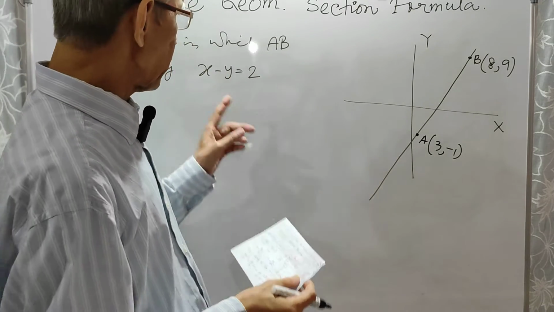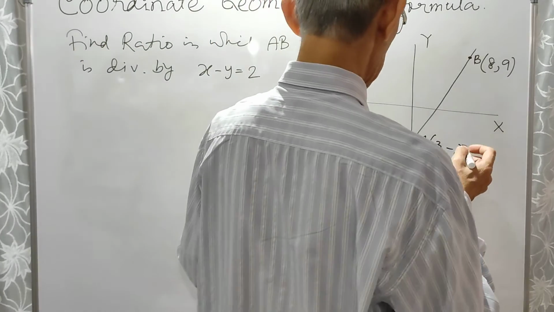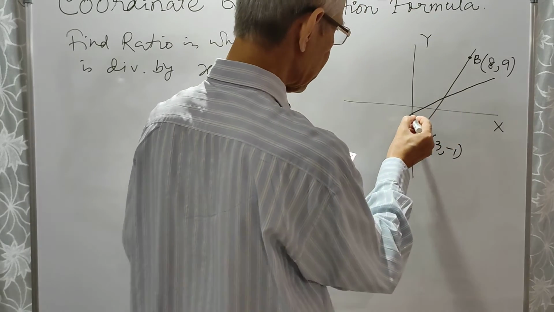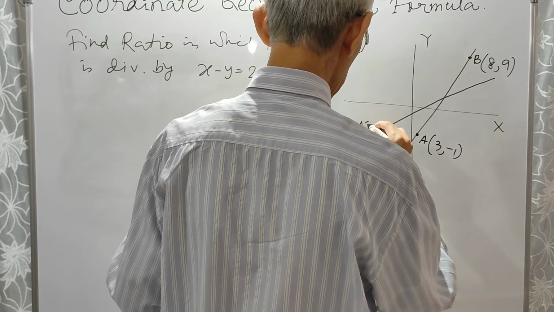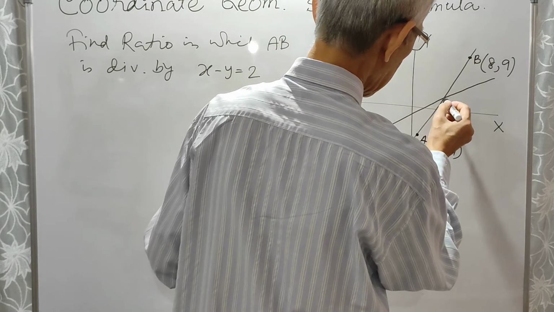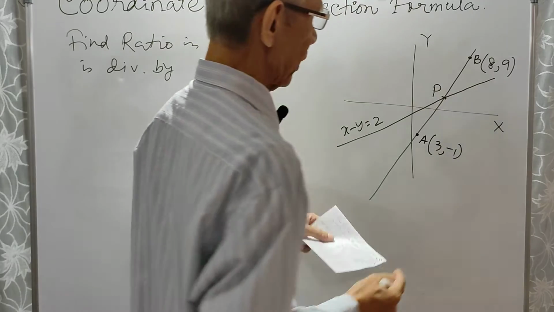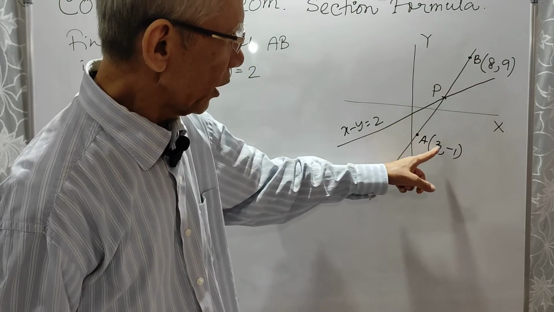Now x minus y equal to 2, if you draw a straight line, it will come like this. This is a straight line, x minus y equal to 2. Yes, you see now. This is a point P. So this is AB, the line joining these 2 points.